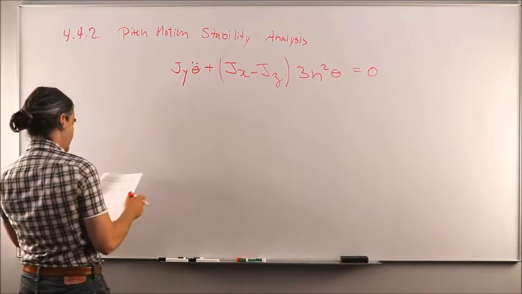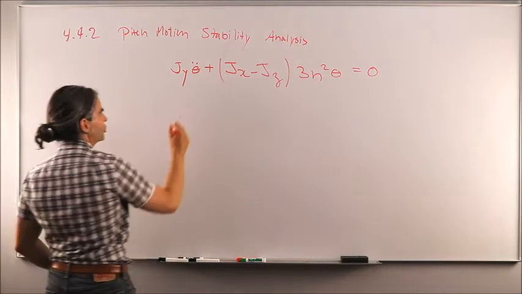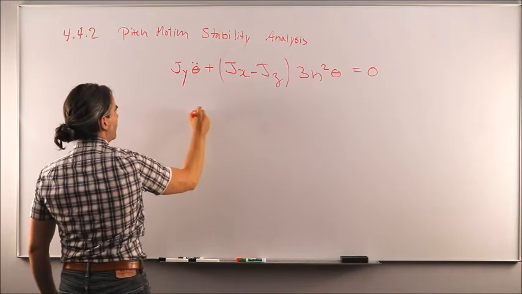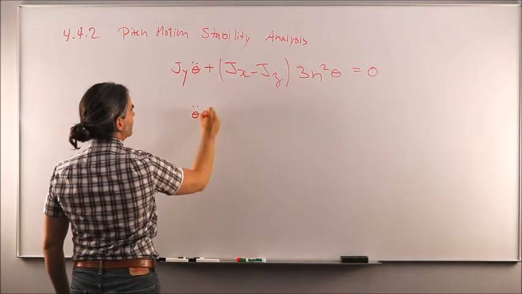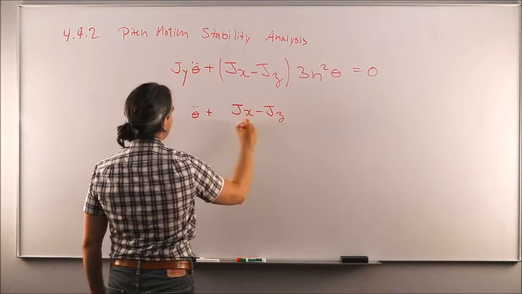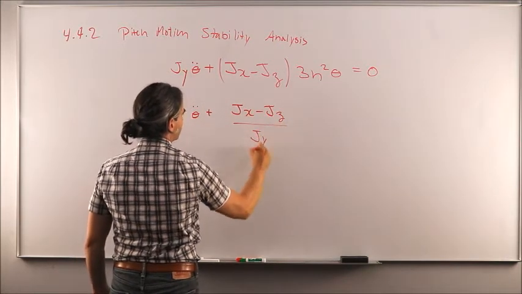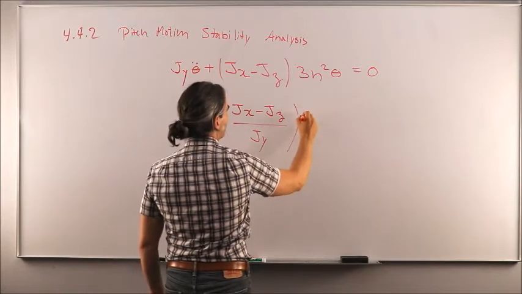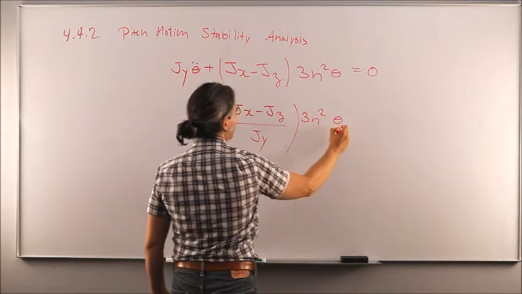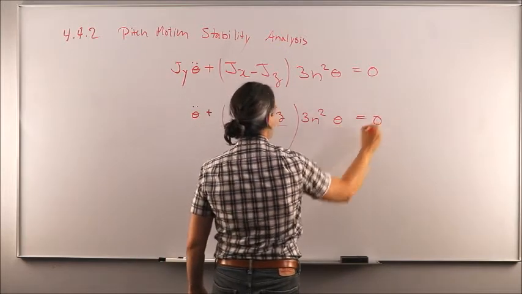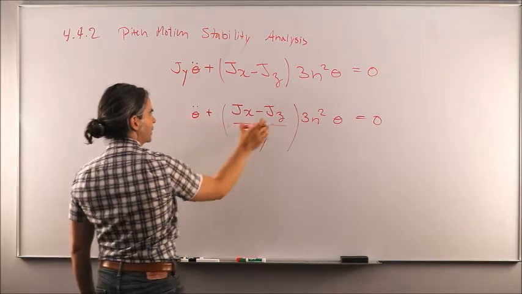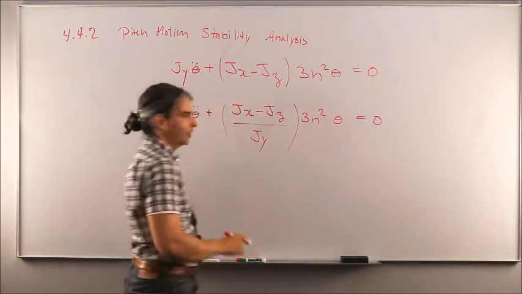The first step is to re-express the pitch equation by dividing everything by Jy, such that we end up with a ratio of inertias multiplying 3n squared, which is a constant, times the dynamical variable of interest. So we have the acceleration of the angle plus a constant times the angle itself equal to 0.